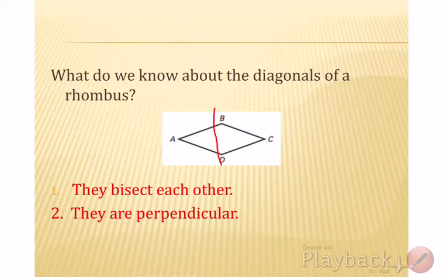One diagonal, another diagonal. Each part is the same length because that's the definition of bisect. And they are perpendicular, which means that they form right angles.